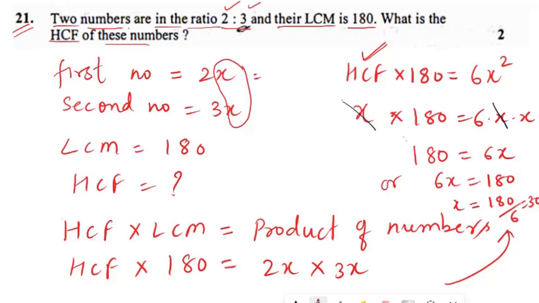So in this way, the first number will be 2x means 60 and 3x means 90, and the HCF is the value of x, which is 30. HCF is 30. This is the answer.